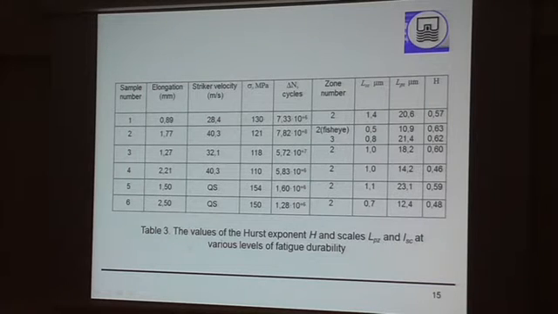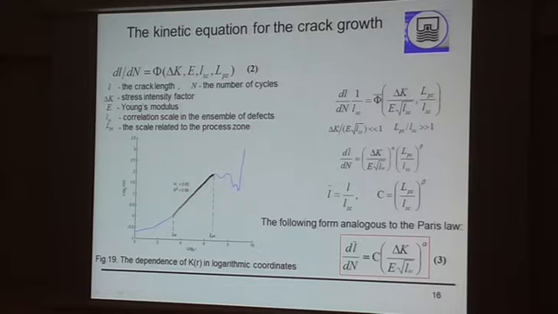We can see in the center of the fisheye zone the special scales are 0.5 up to 10.9 micrometers, and outside the fisheye zone the special scales are 0.9 up to 21.4 micrometers. And we can use these special scales for writing the kinetic equation for crack growth.